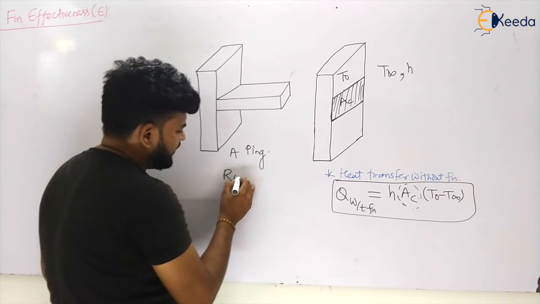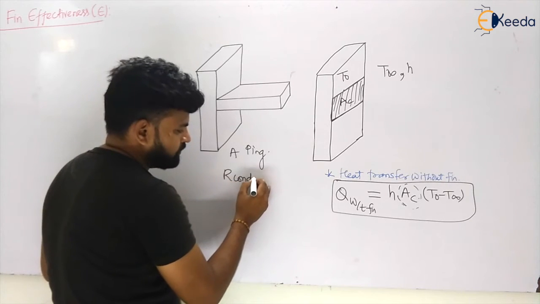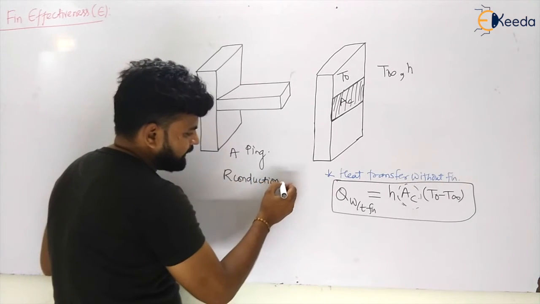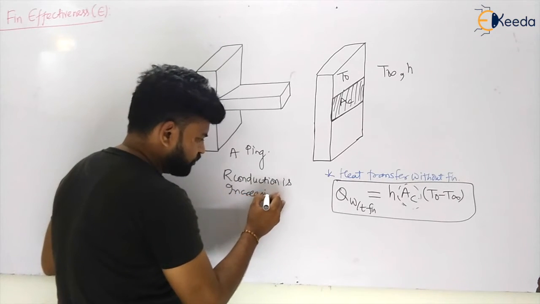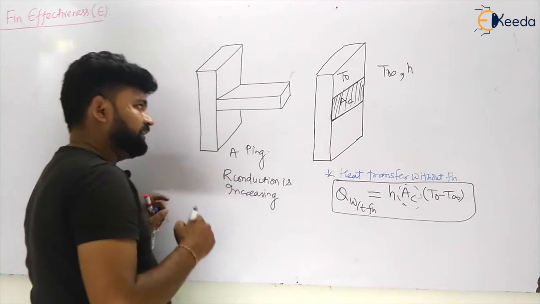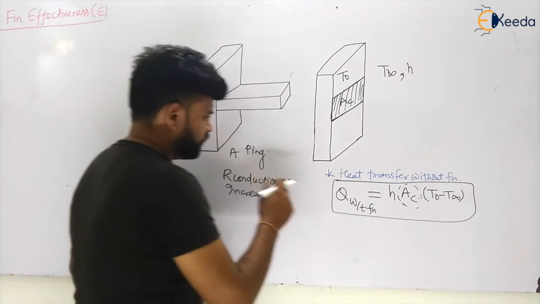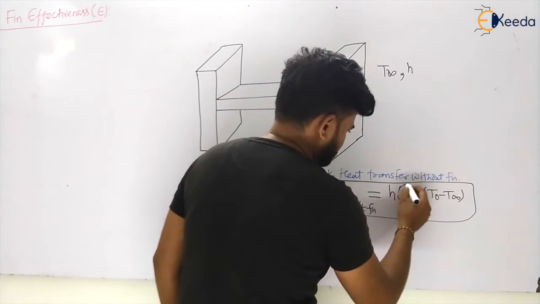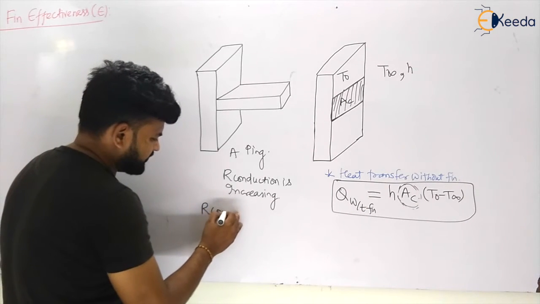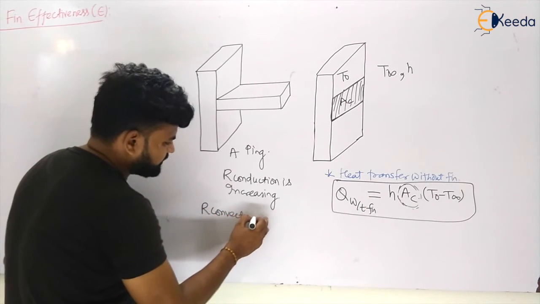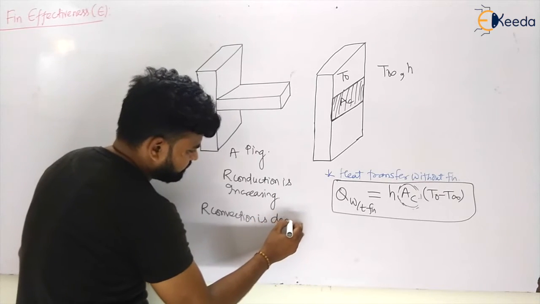R conduction is increasing, yes or no? And the resistance for convection, R convection, is decreasing.